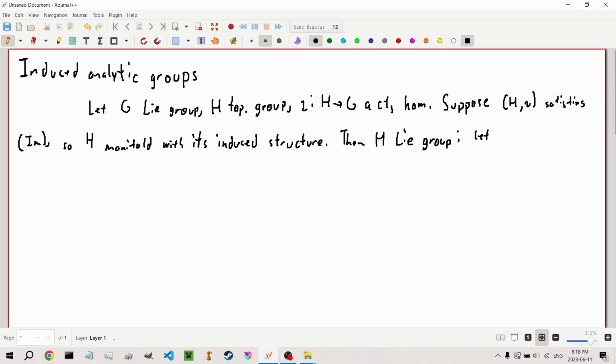We're going to let phi_G and phi_H be multiplication in G and H respectively.